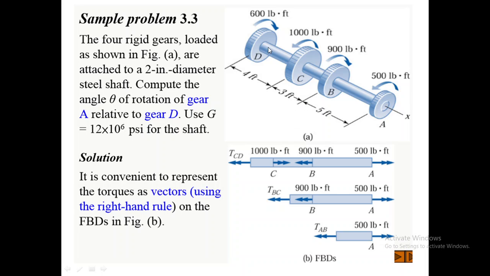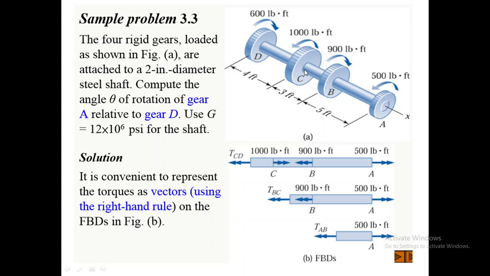And coming to portion CD, you take point C now. You take point C and you add all the torques on the right hand side of C. So at C it is 1000 anti-clockwise, then here it is 900 clockwise, so 1000 minus 900 is 100 anti-clockwise. Then here we have 500 anti-clockwise, so 100 plus 500 will give you 600 anti-clockwise.